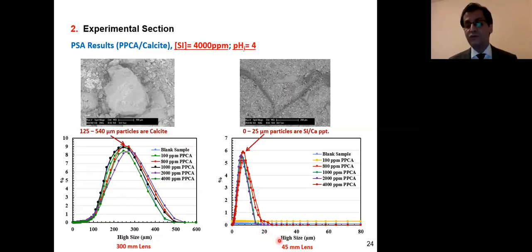And when we change the lens to the smallest one to look at the fine particles, for the pure adsorption region, we couldn't detect any peak. However, after the retention mechanism changes to coupled adsorption and precipitation, we could detect a peak, which confirms that coupled adsorption and precipitation is also occurring in the PPCA carbonate system.